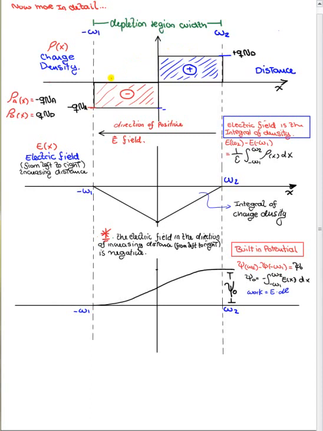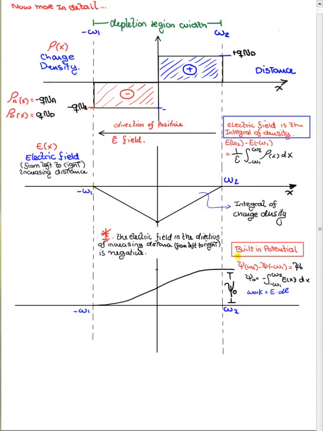So that makes sense. And remember, the direction of positive electric field goes from right to left. However, here we're drawing the electric field pointing from left to right, which means it has to be negative. That's the reason why it is negative, right? And that's something that confused me at first when I was trying to understand this.